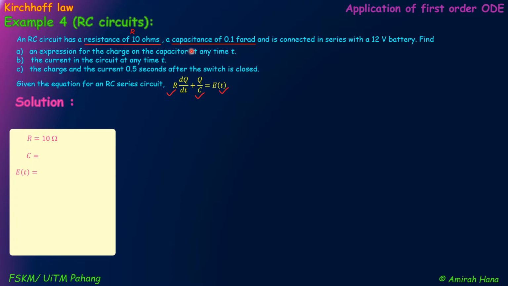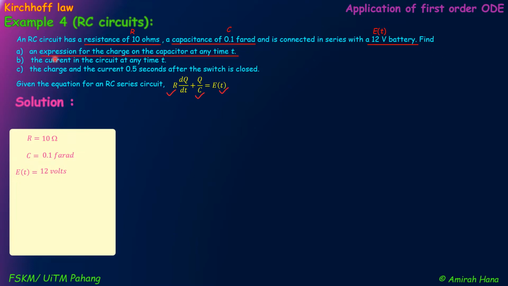And then we have a capacitance of 0.1 farad, this is C, so we write C equals 0.1 farad. And then a 12-volt battery, this is E(t), so we write E(t) equals 12 volts.